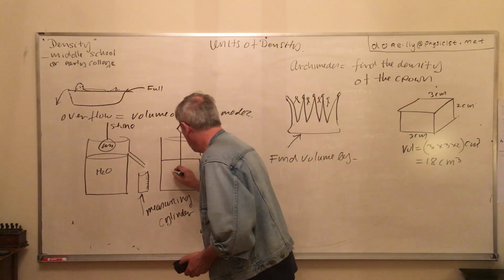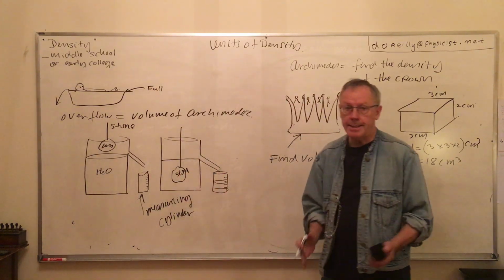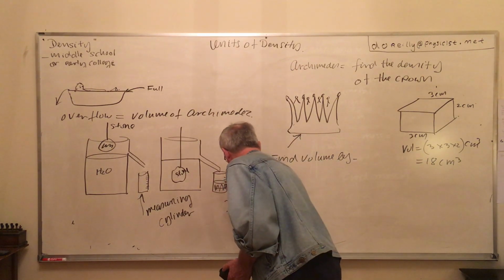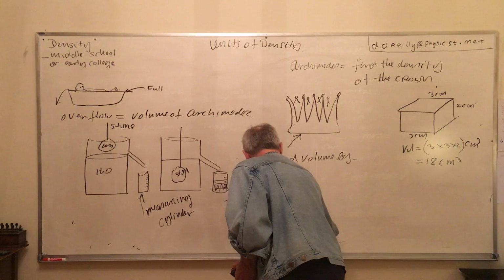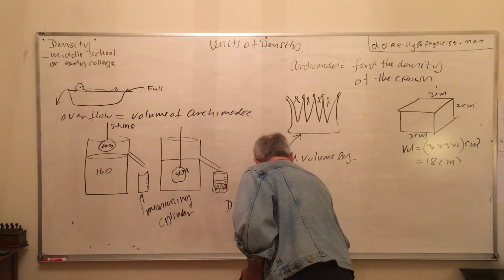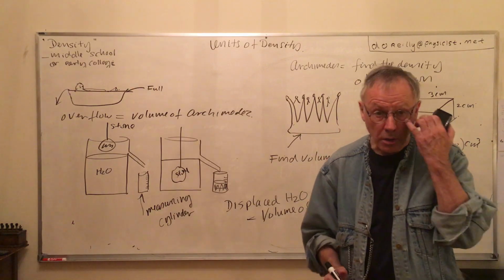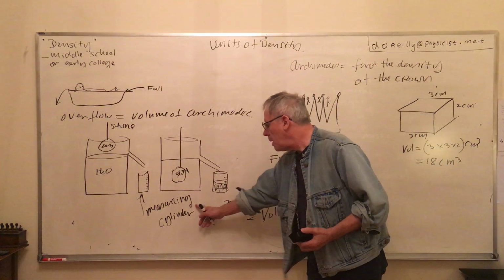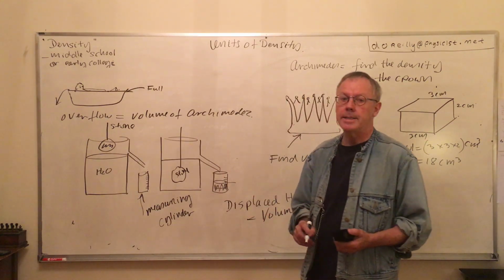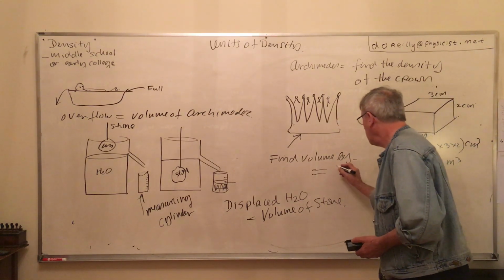And then we drop the stone in. The stone displaces a certain amount of water which flows in here. Now the volume of the displaced water we can catch in a measuring cylinder. It's actually called a graduated cylinder. And we can read off the volume of the stone very nicely. So, what did Archimedes do? Find the volume by displacement.